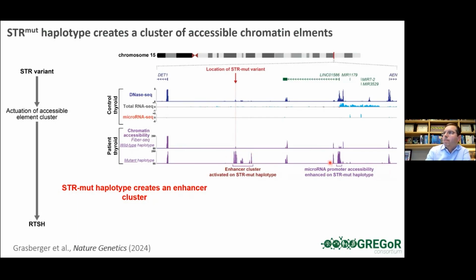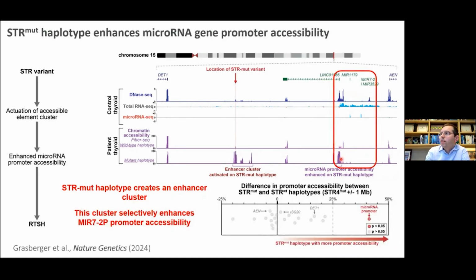Not only that, but you can appreciate down here that this particular promoter element is massively increased in its chromatin actuation selectively on this haplotype. Based on the phasing data, this is the only promoter within a 1 megabase region surrounding this variant that is selectively activated on this haplotype, indicating that whatever is going on here is activating the promoter activity of this particular gene.